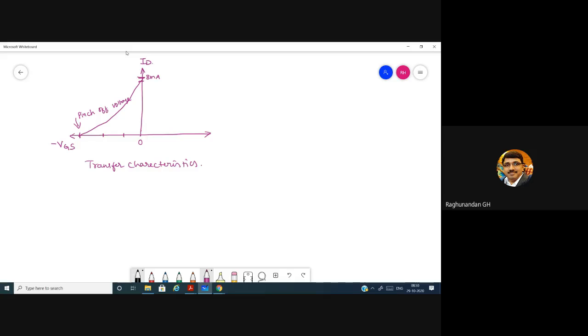While explaining the operation yesterday, I told you what will happen when gate voltage is positive, what will happen when the gate voltage is negative.